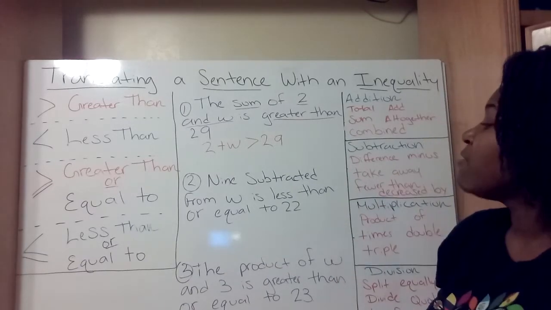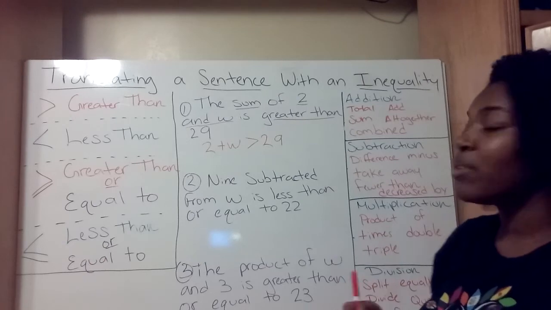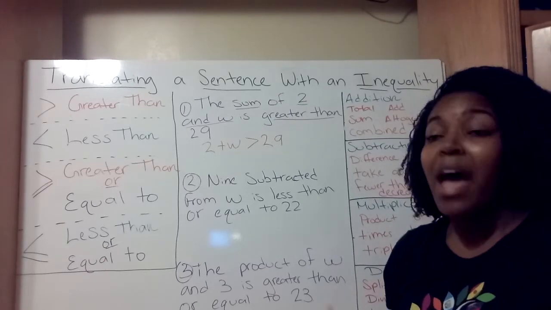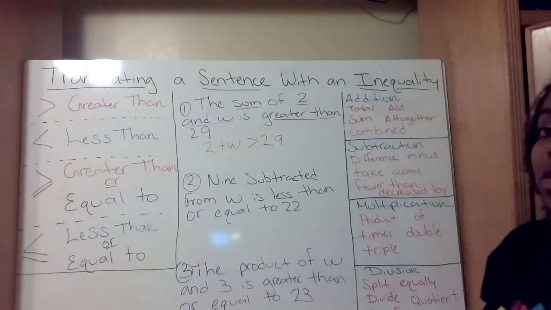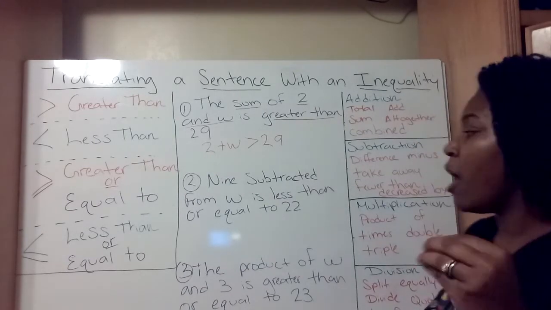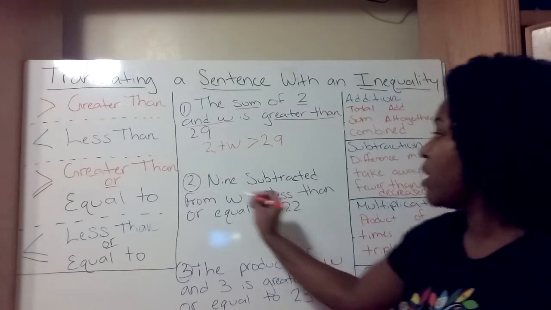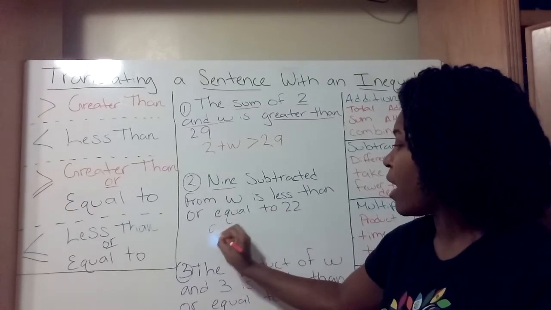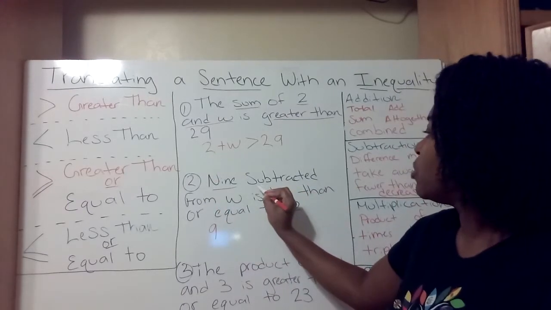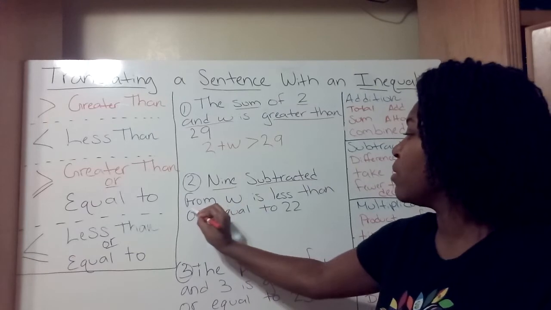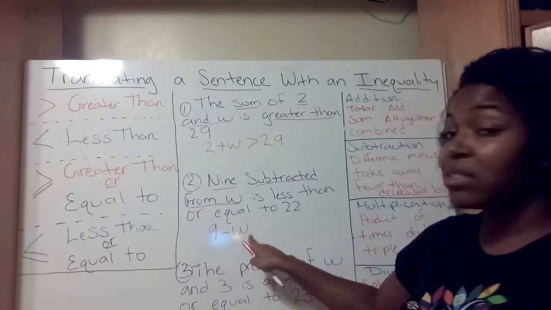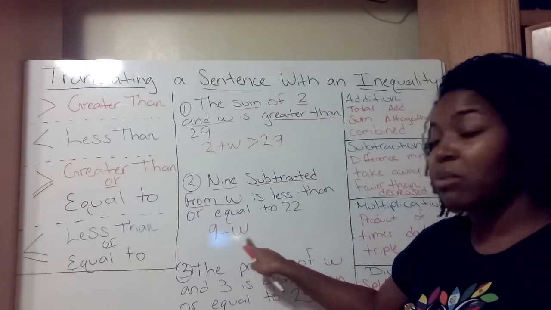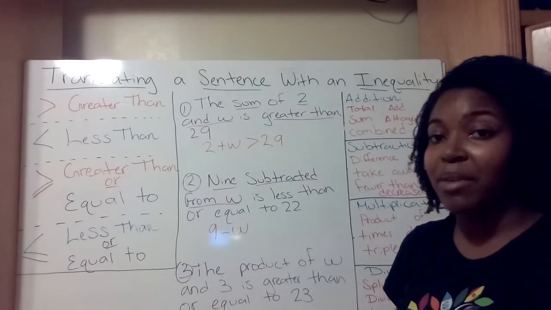All right, now, second example. 9 subtracted from W is less than or equal to 22. So again, let's pull out the important language here. So 9, I already got 9 right there, subtracted from W. So this is where you need to watch out, because this is actually W subtracted from 9, okay?